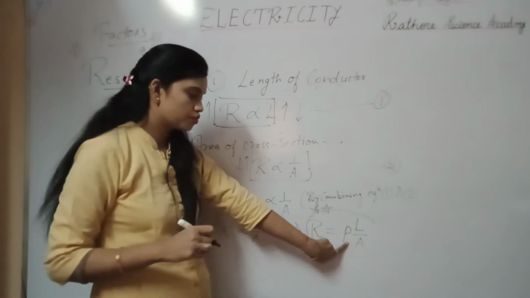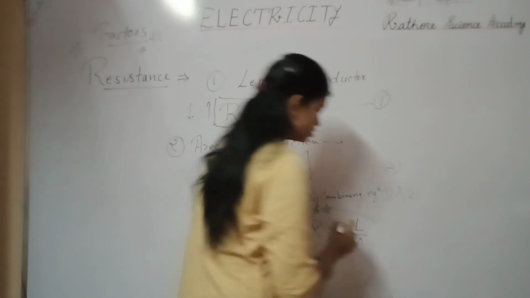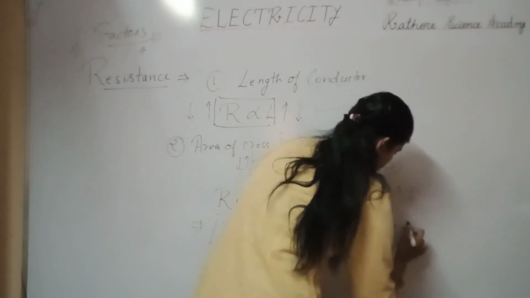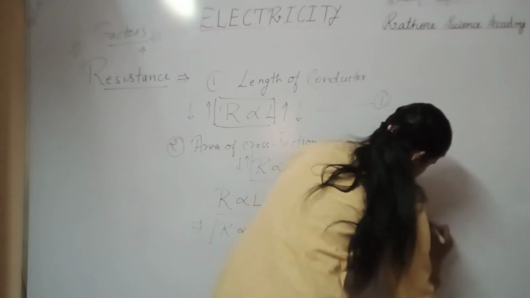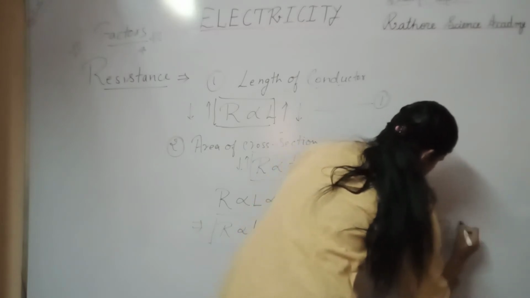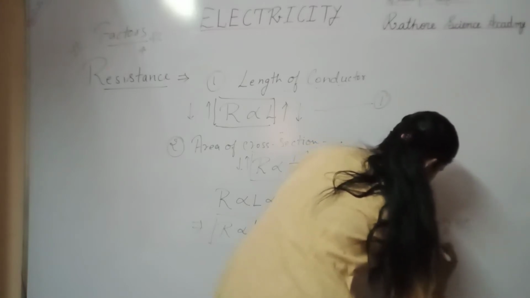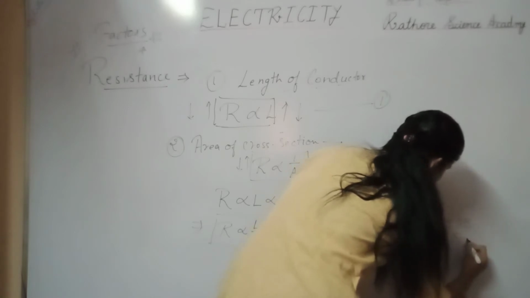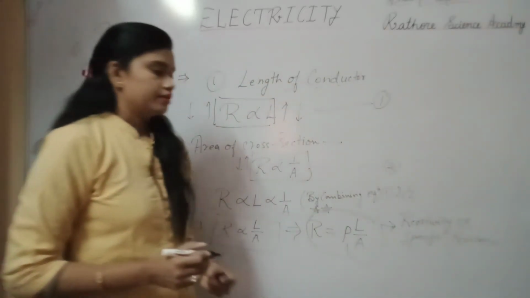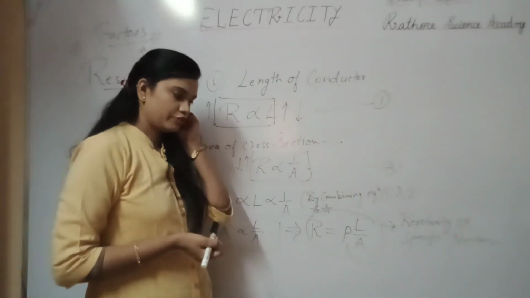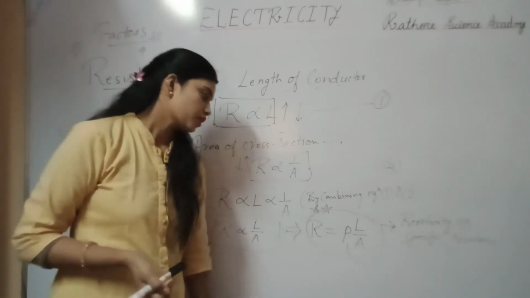R is equal to rho L by A. Rho is a constant which is known as resistivity or specific resistance. Okay, now we'll discuss resistivity further. R is equal to rho L by A.